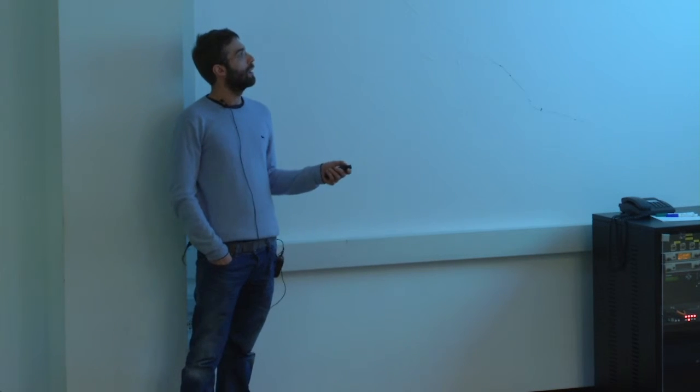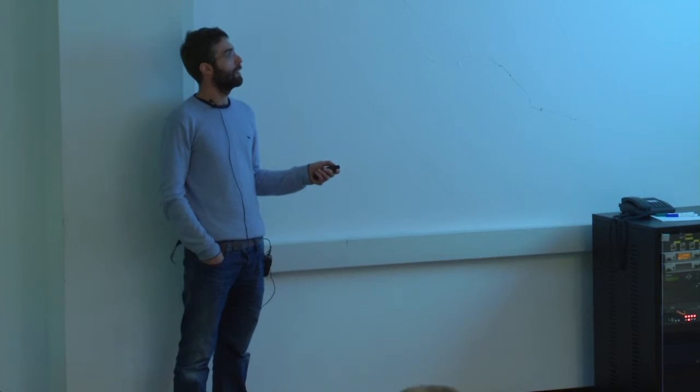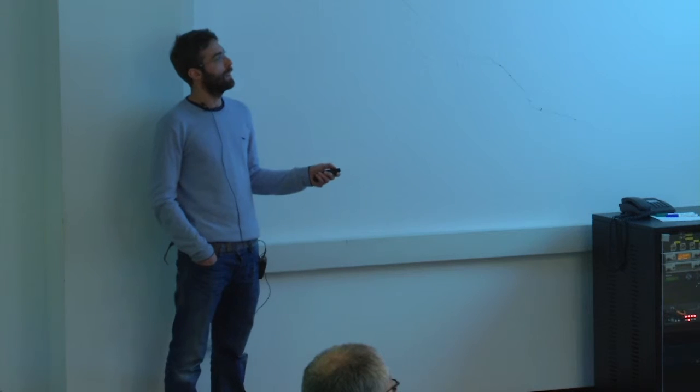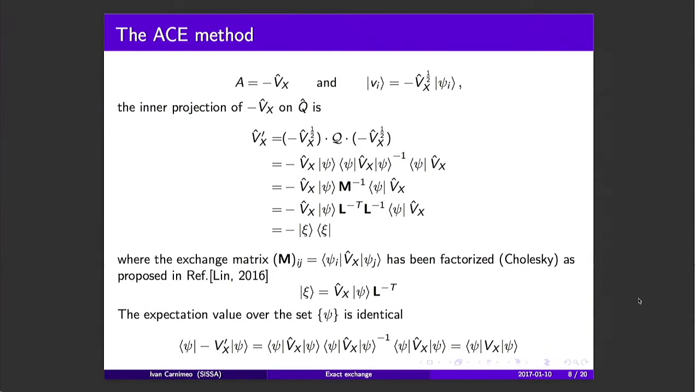So if we just substitute, it comes that the projected operator assumes this form, and here we have the exchange matrix. Here the inner sums are implicit because I didn't want to make the notation complex. So you have to imagine that here we have a sum over I and a sum over J. So this is the exchange matrix, the matrix representation of the exchange operator in the psi basis set.